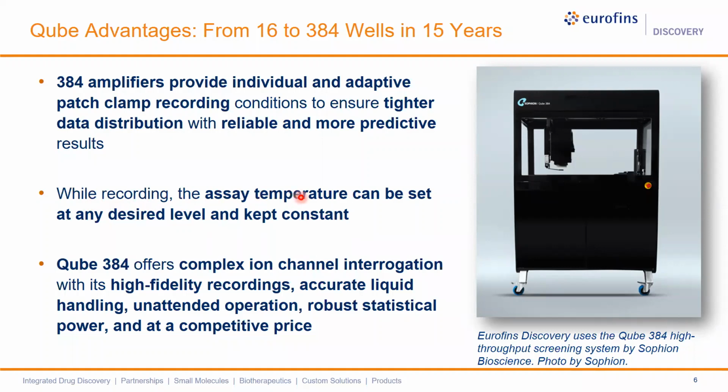Accordingly, the assay temperature can be set at any desired level and kept constant. Cube 384 offers complex ion channel interrogation with high fidelity recordings, accurate electrical handling, attended operation, and robust statistical power, at a competitive price.